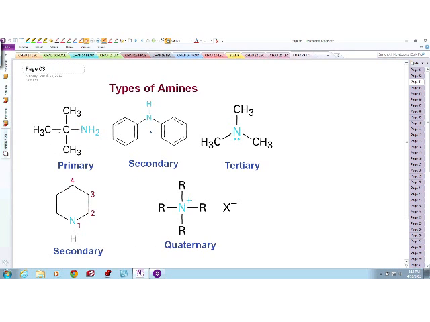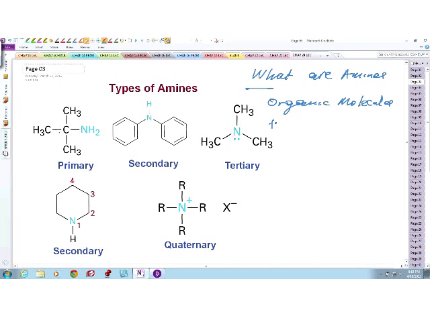At this point, we want to ask, what are amines? Amines are organic molecules that contain nitrogen atoms.